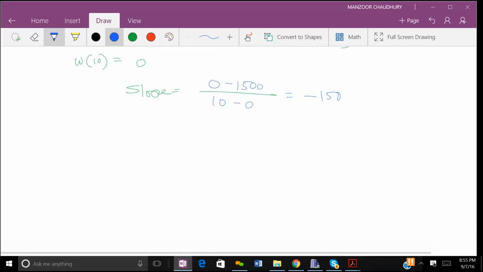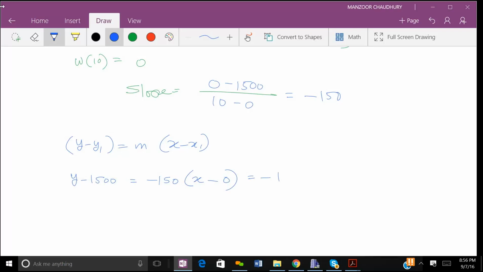The equation is supposed to be y minus y1 times, okay. So y should be equal to 1500. Make sense? Yep.